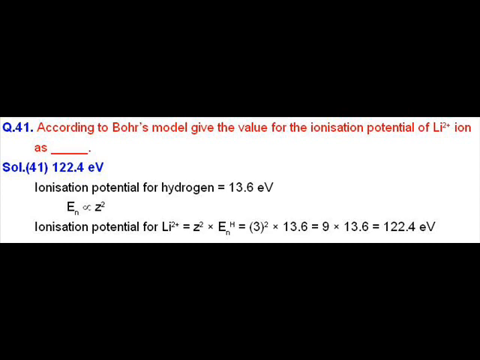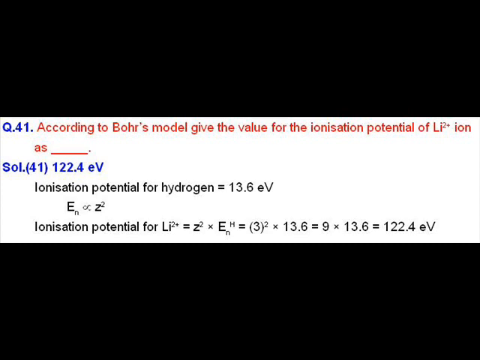So we know that ionization potential for hydrogen is 13.6 electron volt, and we also know that ionization potential for any element is directly proportional to Z square, that means square of its atomic number. So the ionization potential of lithium will be equal to Z square multiplied by ionization potential of hydrogen.